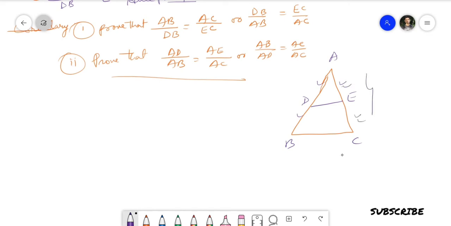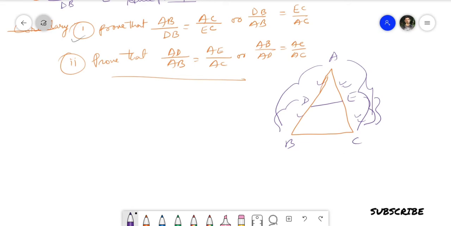So now we have to prove this one: AB whole by DB is equal to AC whole by EC, meaning the downside.